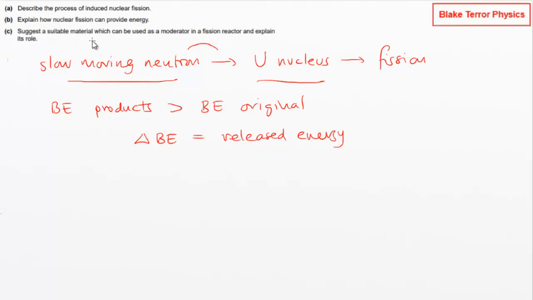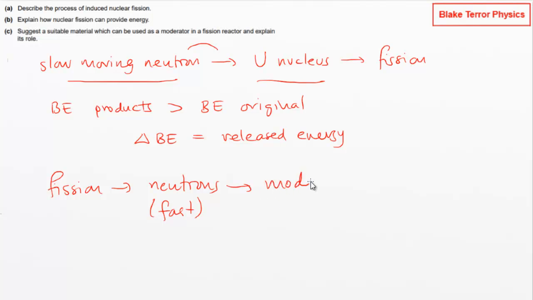Suggest a suitable material which can be used as a moderator in a fission reactor and explain its role. Right, so the moderator is about slowing down the neutrons, because fission will produce neutrons, but these are fast neutrons. We want to slow them down because slow neutrons have got more chance of causing further fission events.